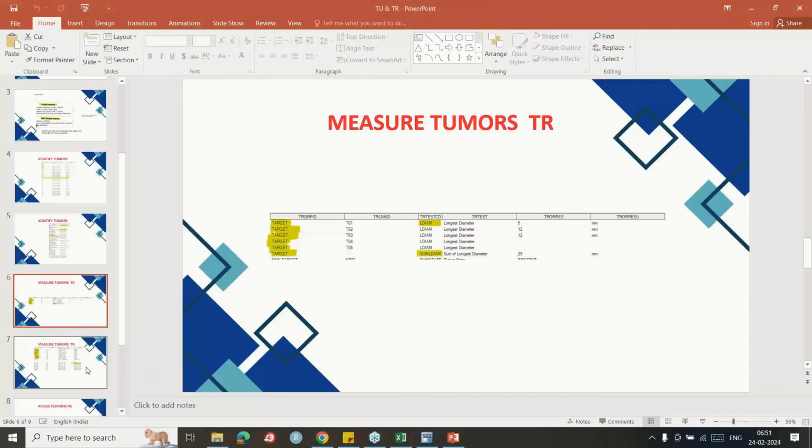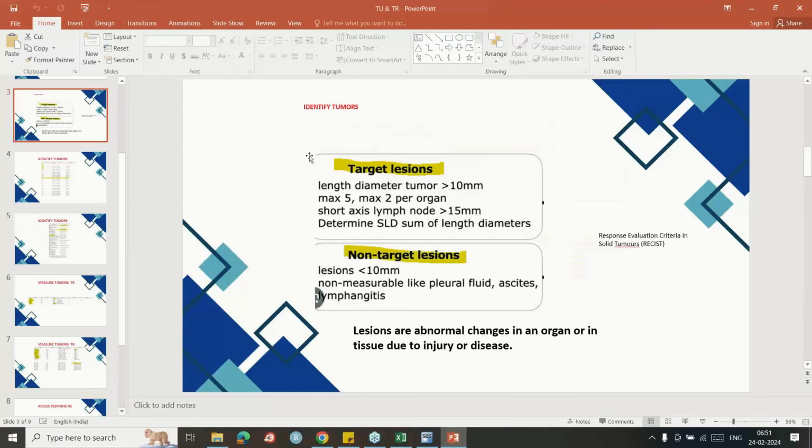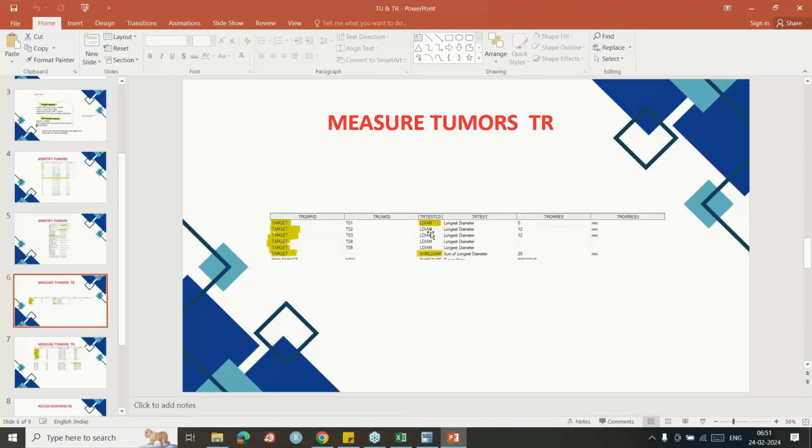So what about the non-targeted lesions? For non-targeted lesions, simply you can mention the response, whether it is present or not available or absent, like that. Okay, so here two types of lesions are there. Targeted lesions are present in the TU domain and are measurable. That measurement has two parameters, one is longest diameter, one is the sum of longest diameter.